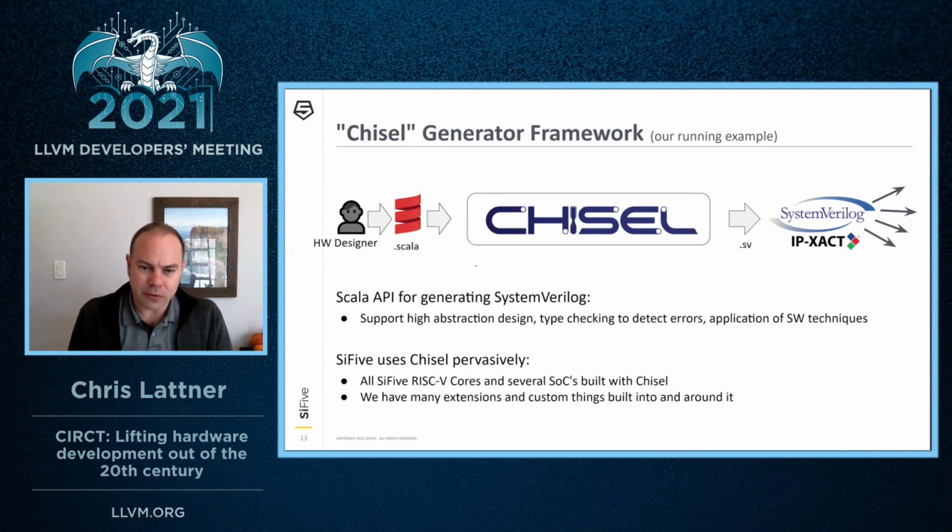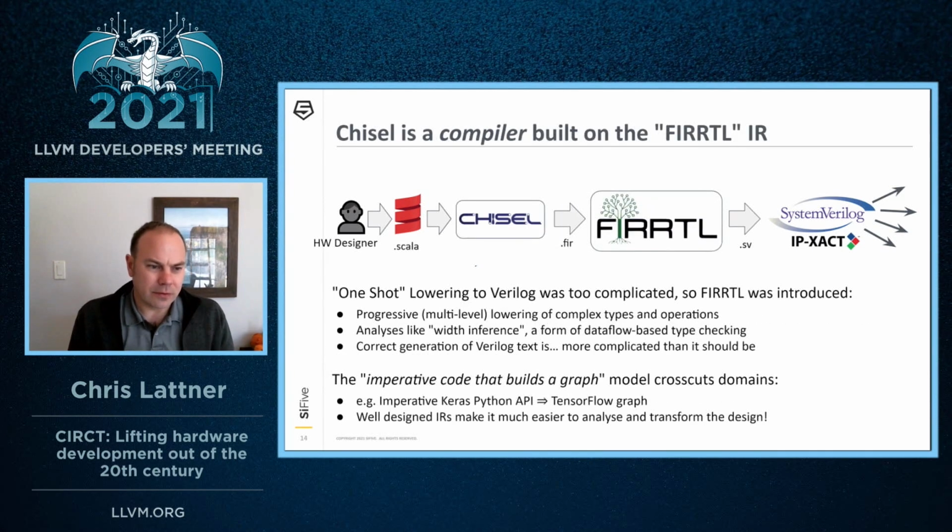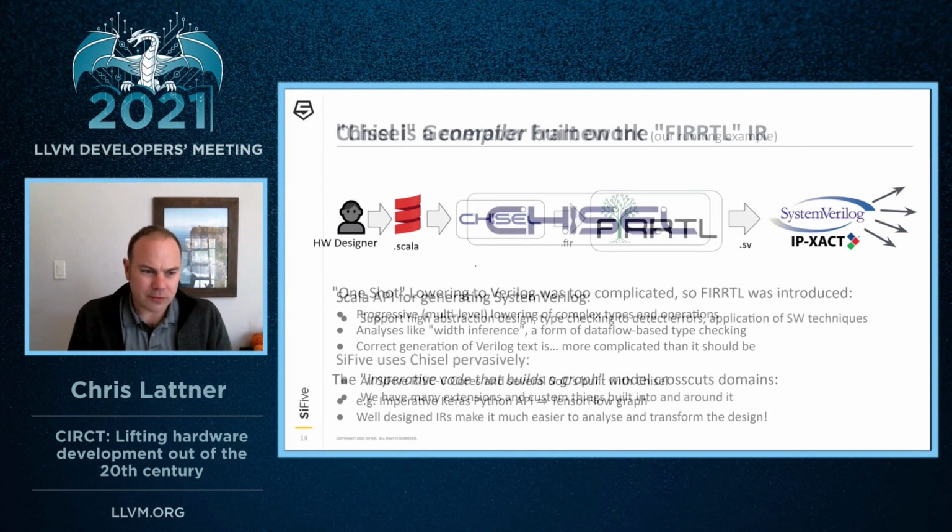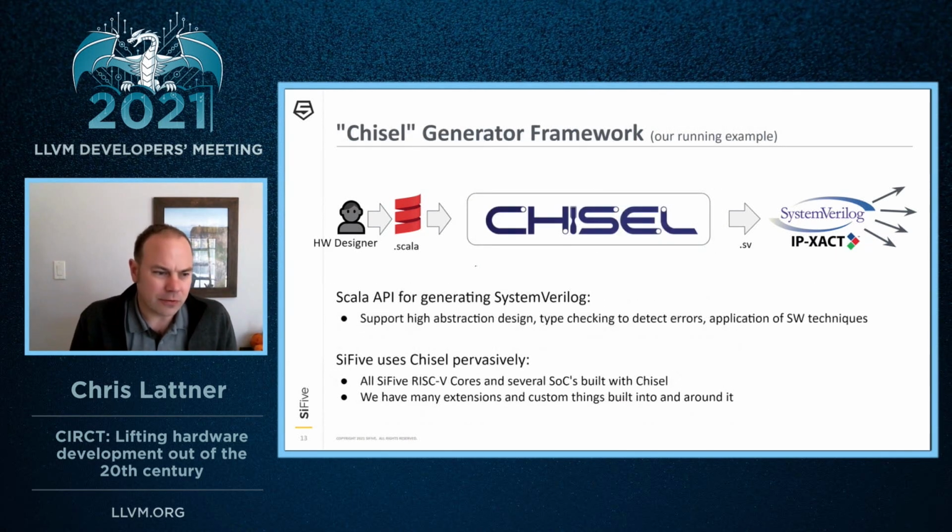The hardware designer writes a bunch of Scala code against an API, and they use the OR operator and create Verilog modules and things like this with an API that then goes into this big box of Chisel, which chomps on it, does a bunch of lowering and other transformations, and then out the back comes Verilog. Because Chisel is a typed language, because there are high-level APIs, you get a lot more safety and a lot more design reuse and productivity. This is something that we at SiFive use pervasively, and so this is very much a production system.